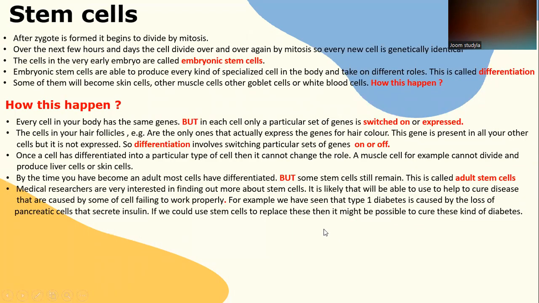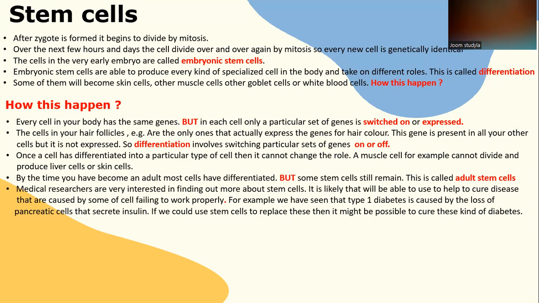Stem cells. What is a stem cell? After the zygote is formed, it begins to divide by mitosis. Over the next few hours and days, the cells divide over and over again by mitosis, so every new cell is genetically identical. The cells in the very early embryo are called embryonic stem cells.